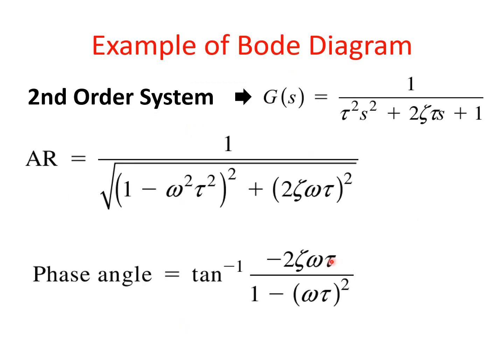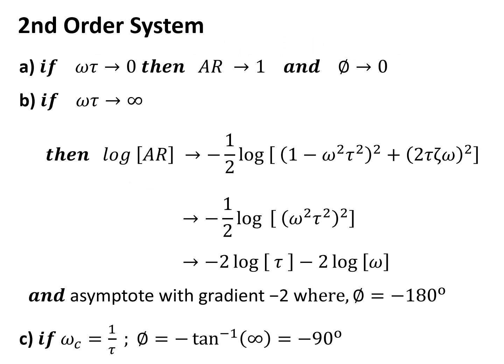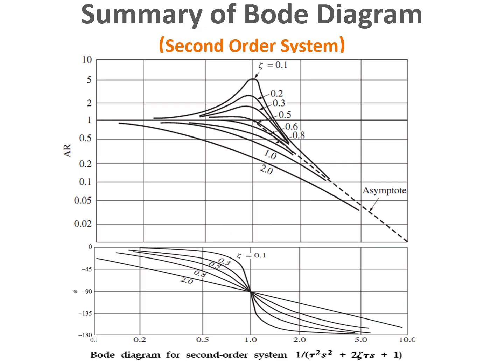For the second order system, you can plot against log omega tau, and you can see that omega tau equal to 1 is the corner frequency, and of course it depends on zeta, so we have different curves for different zeta, but the asymptote slope is -2 because that is for a second order system.